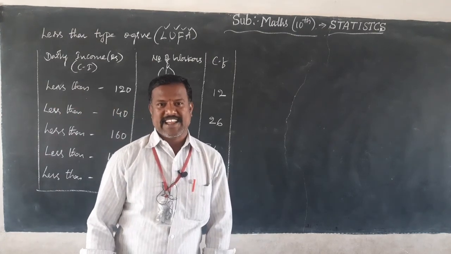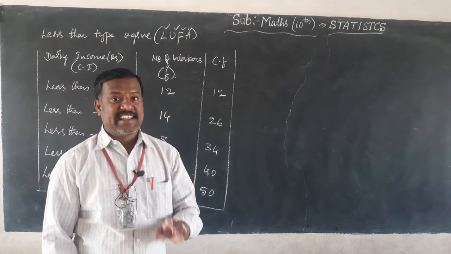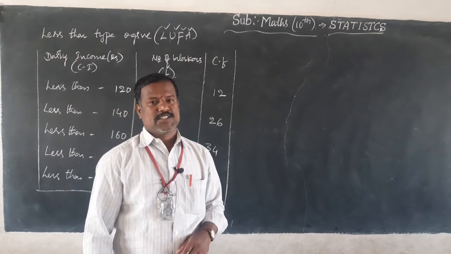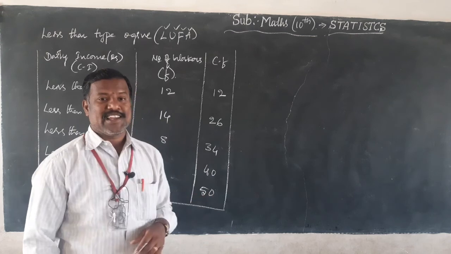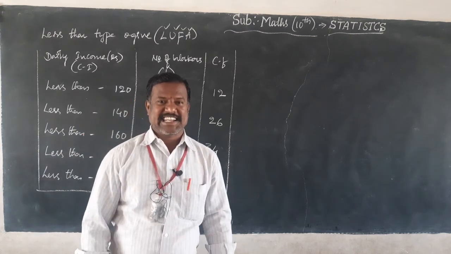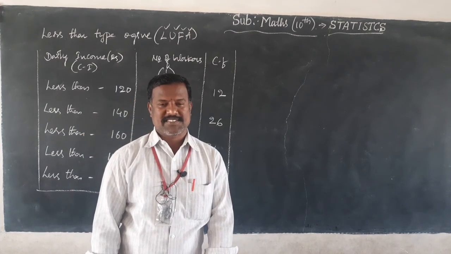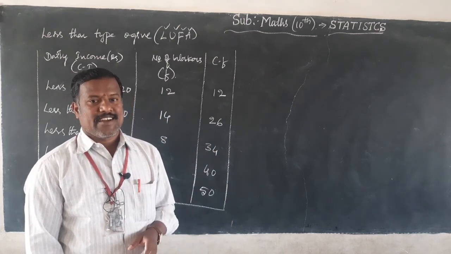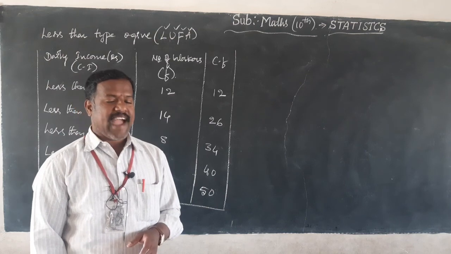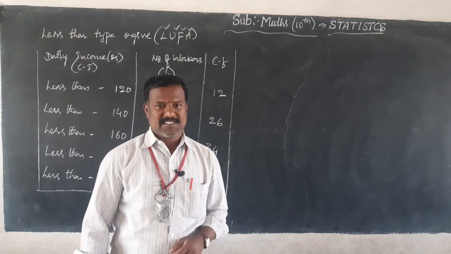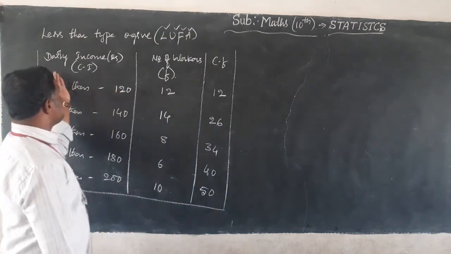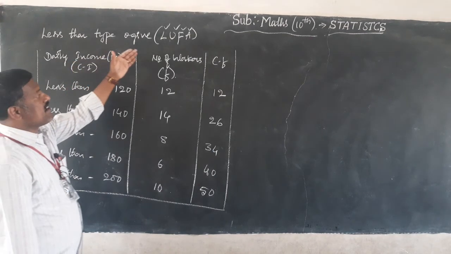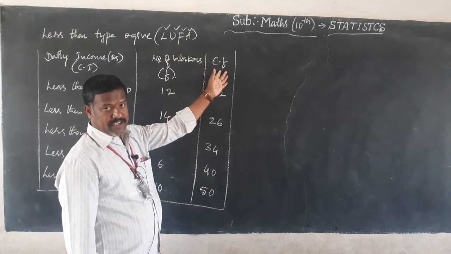This is what we call the table for drawing the less than type Ogive. This table is very important, children, because based on the table we are going to draw the less than type Ogive. Once again, I will explain. For drawing the less than type Ogive, we have three important columns: the first column is less than, the second is frequency, and the third is cumulative frequency.